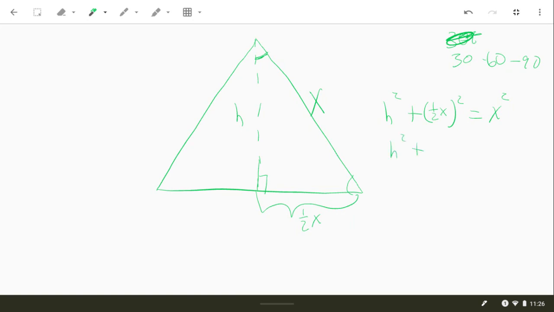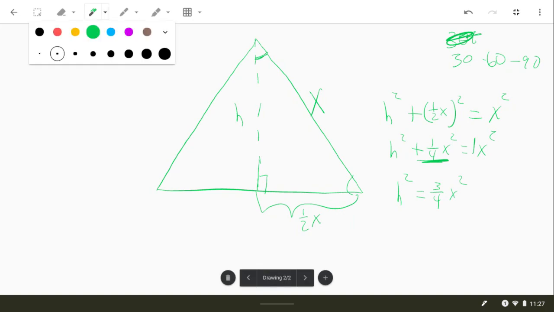H squared plus 1/2 X times 1/2 X is 1/4 X squared, and that's still equal to X squared. Let's subtract this one from both sides. So we have 1 X squared, and we're going to minus 1/4 X squared. Okay, H squared is equal to, well, 1 whole minus 1/4 is going to be 3/4 X squared.